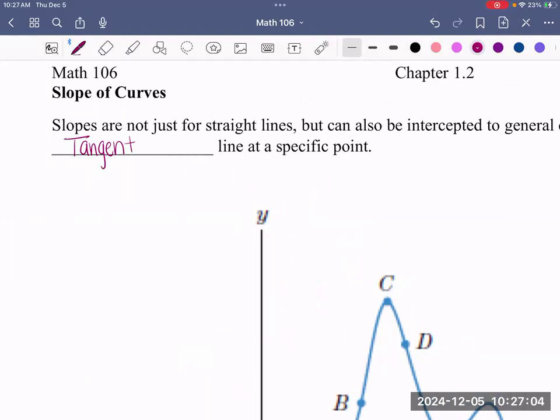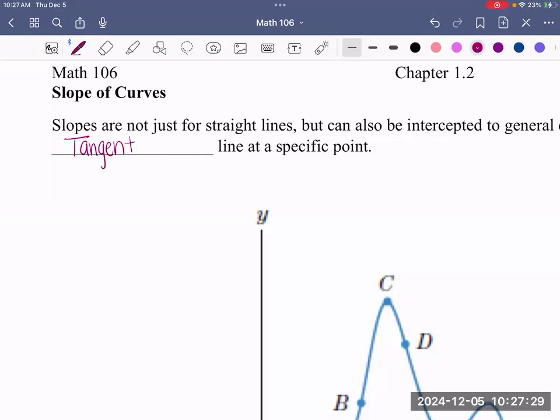Now, if it's going to relate a little bit more to the 2 points like we did previously, that would be your secant line. That would be a slope between 2 points, which is referring to the average rate of change, because this is no longer a constant rate of change because it's a curve, right? Curves are not straight, right? They're moving all over. So we want to get an average rate of where we're changing.